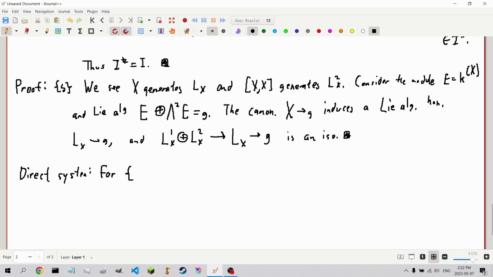For Mi indexed by an indexing set I, which is a family, a collection of R modules indexed by a directed set. I don't know what that is.